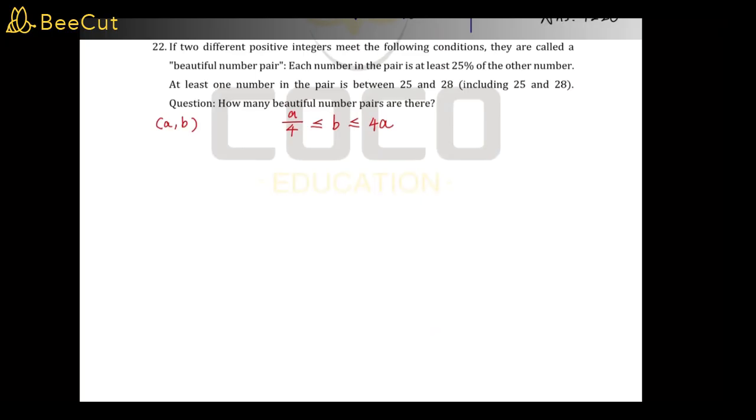Let's try the different cases. If A is 25, so 25 over 4, that's 6.25. 4 times 25 is 100. So B must be from 7 to 100.